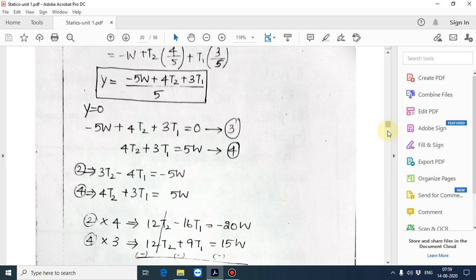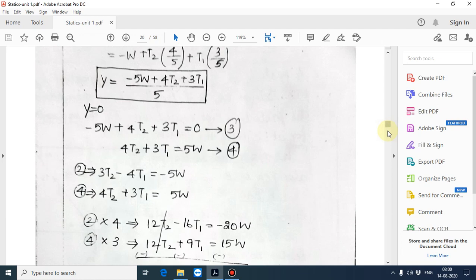I said vertical means you get sine and horizontal means you get cos. So minus W, because it is downward. Here the plus and minus signs change because you are resolving vertically. Only the tension T2 sign will not change, it will stay constant plus.